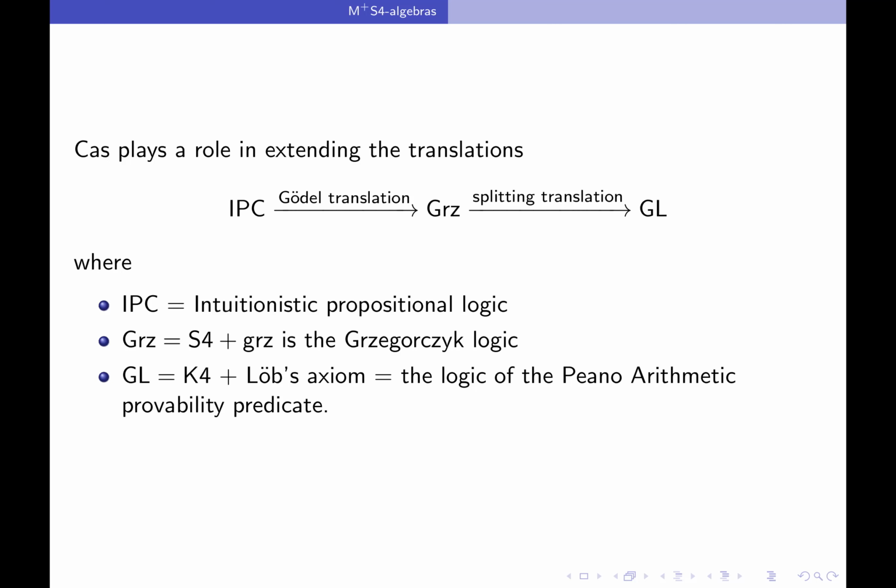So in that logic, box P literally means it is provable in Peano arithmetic that P. And so this is one of many ways to justify intuitionistic propositional logic, since it can literally be interpreted as provability, that lends credence to the constructivity, or the BHK interpretation, sometimes called, of intuitionistic logic.